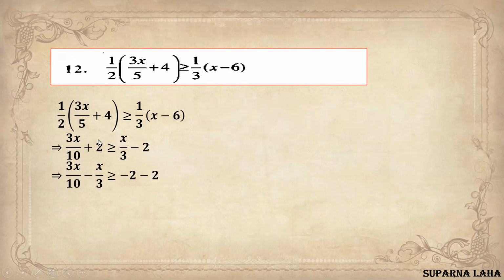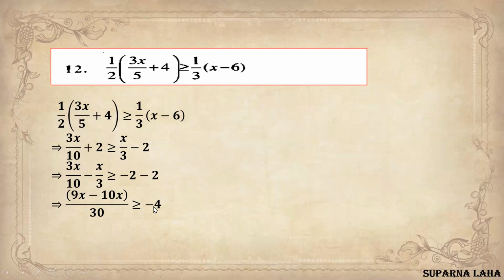Now take the term with x into one side and the values into the other side, or you can simply say that on both sides we are subtracting 2 and x by 3. So you will find 3x by 10 minus x by 3 on this side, and minus 2 minus 2 on the other. So take the LCM, that is 30: 9x minus 10x by 30 greater than or equal to minus 4.